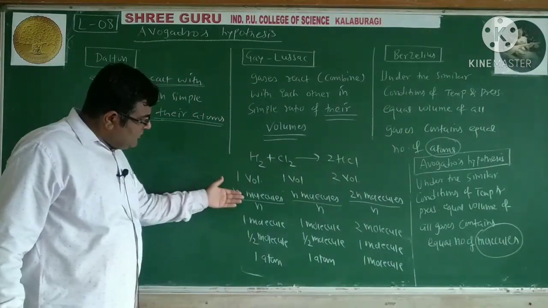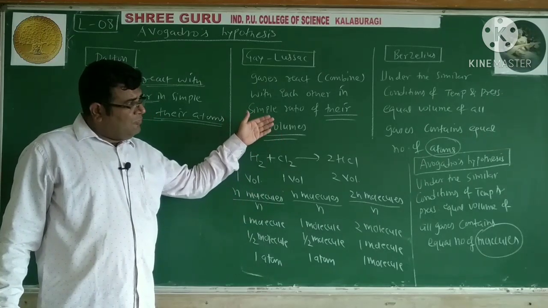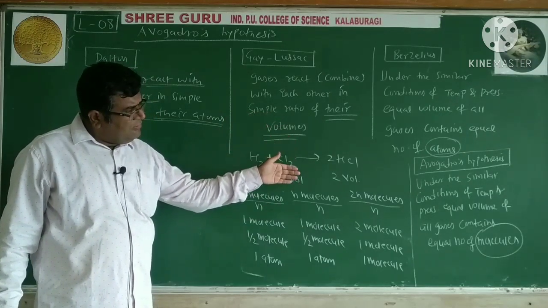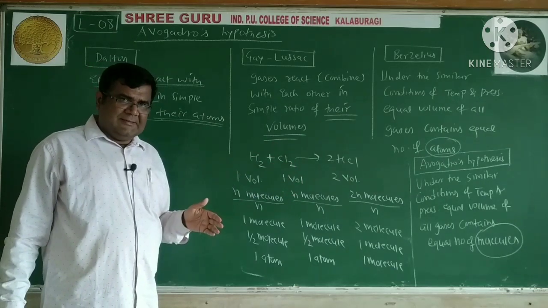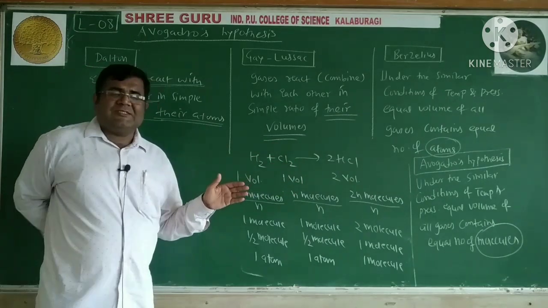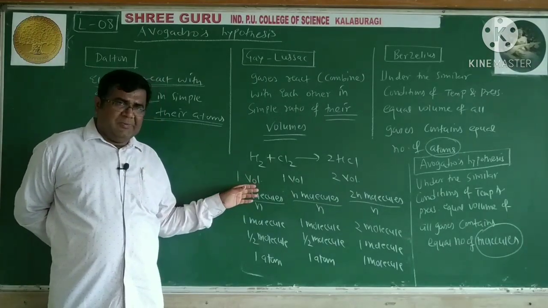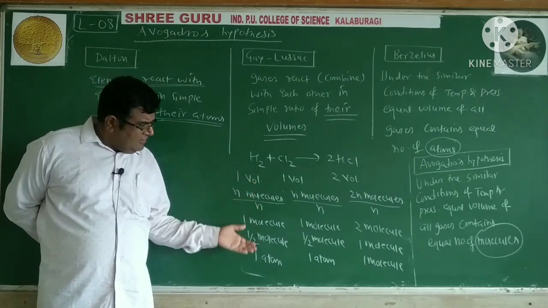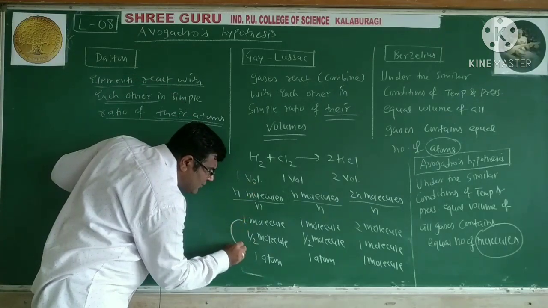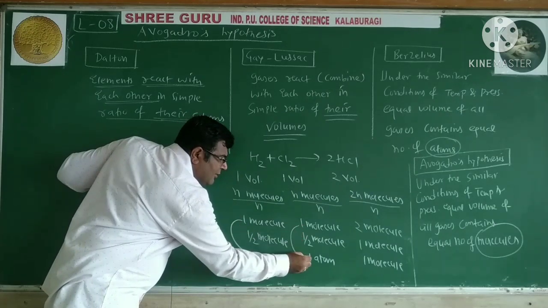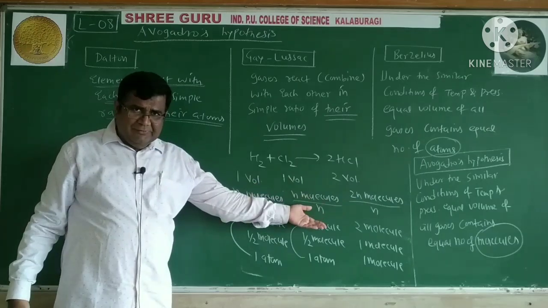So this problem has been solved by shifting our focus from an equal number of atoms to an equal number of molecules. So Avogadro's hypothesis is very important in explaining the combination of gases. Now what is the conclusion of this? The conclusion is that one molecule splits into atoms and they combine to form one molecule.